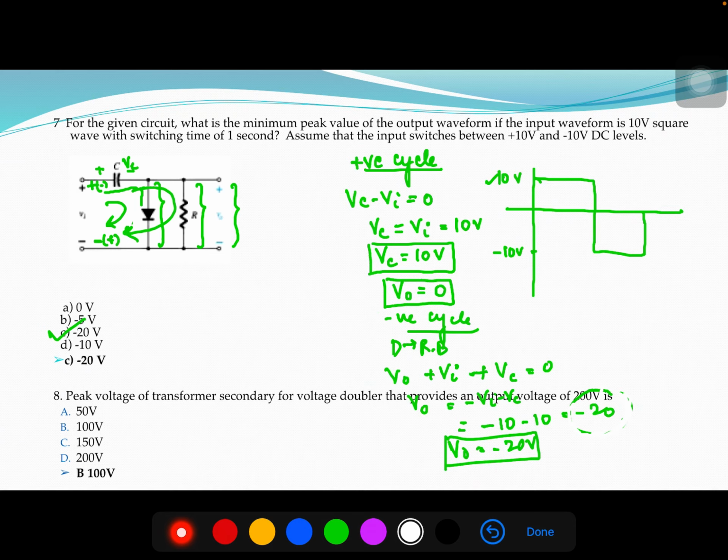So if it is giving an output of 200 volt and you are asked the peak value, the peak value will be half of the output, because it doubles the peak value. So the peak value is 100 only. So the answer is 100, because when the peak value of input is 100, it is doubling it at the output and giving it to you as 200 volt.